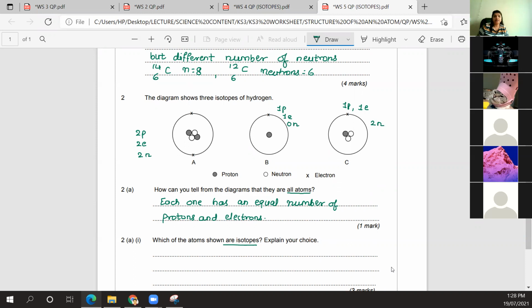B and C, because both of them have the same number of protons but a different number of neutrons. Perfect. Very, very good. So yes, it is B and C, as they have the same number of protons but a different number of neutrons.